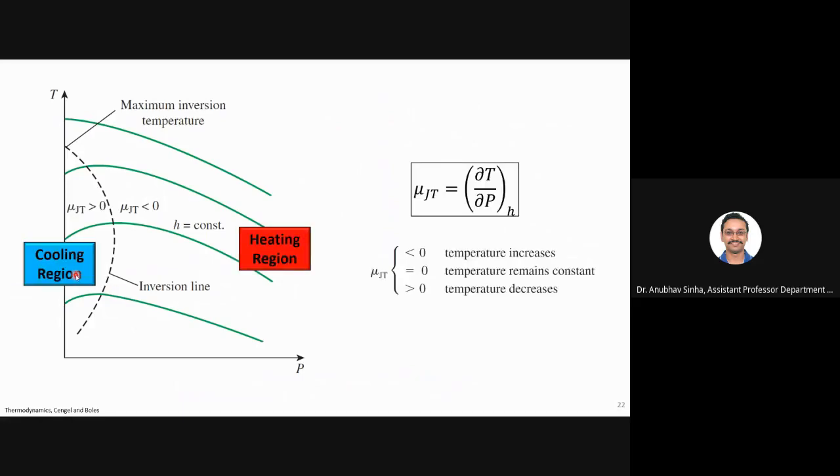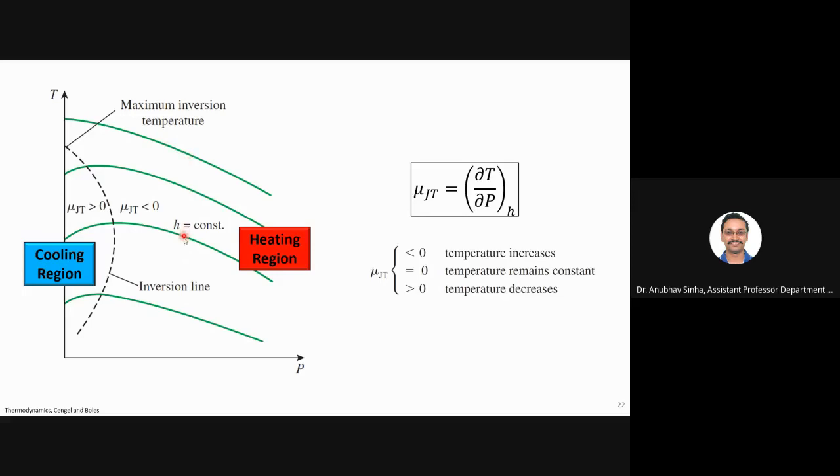So we define these as the heating region and cooling region. These green lines are basically isoenthalps, the constant enthalpy curves. So this is for, let us say, H1, H2, H3, H4, different values of enthalpies. For each you draw a constant enthalpy curve, shown in green.